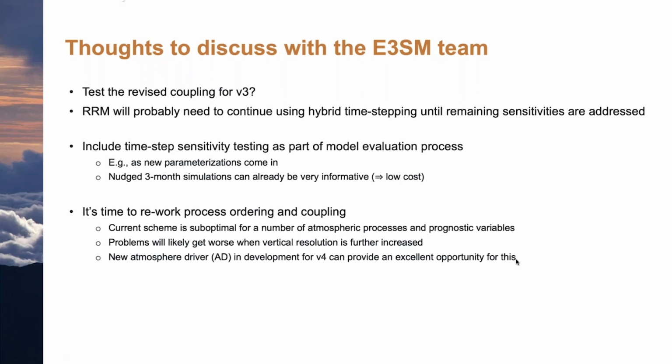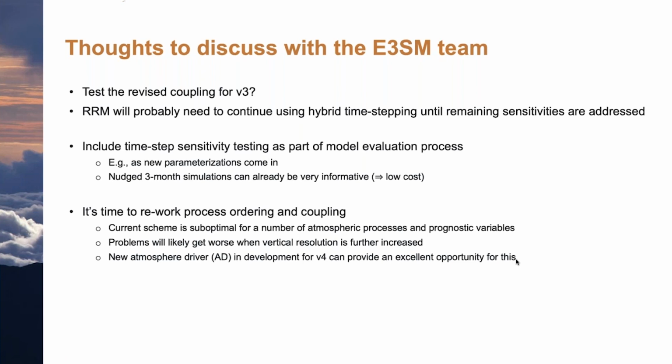We have seen multiple pieces of evidence suggesting that the current scheme is suboptimal for quite a few processes, not only involving clouds and convection, but also radiation and also some aerosol processes. And the prognostic variables affected include humidity, temperature, clouds, aerosols, and so on.